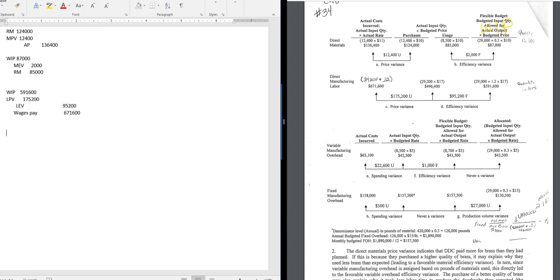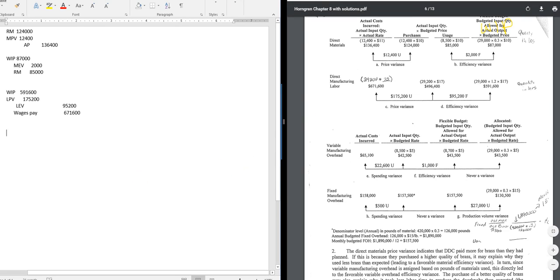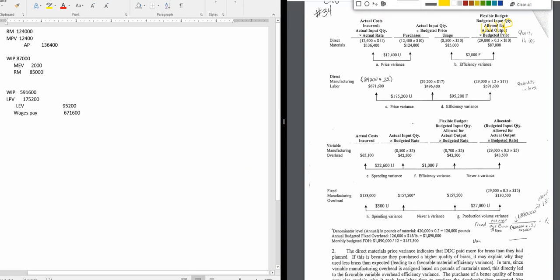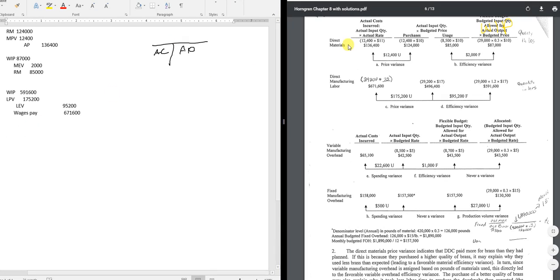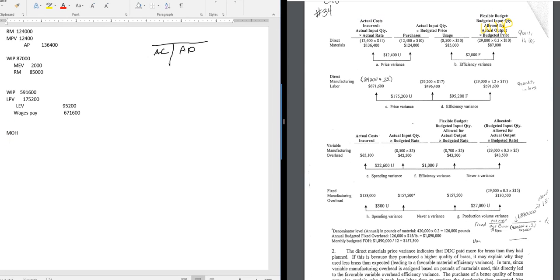Now I'm going to think about my journal entries for overhead, and I know that I make my T account of my manufacturing overhead. This is actual right there, and this is applied. Okay, and so when I have my actual costs, I'm going to debit manufacturing overhead, and I'm going to credit various accounts, various payables, cash, or whatever in the heck I do.